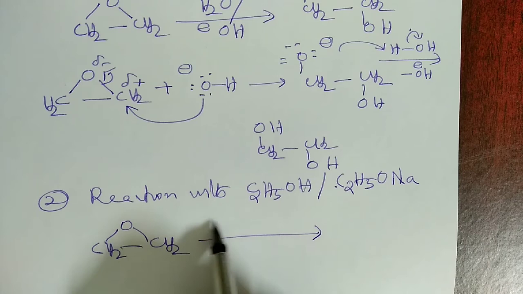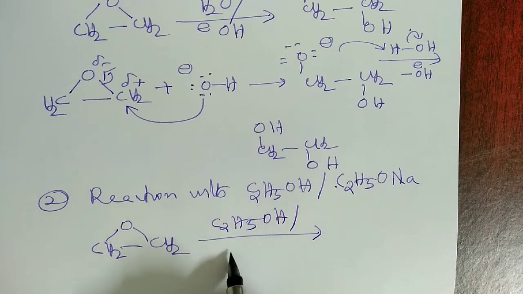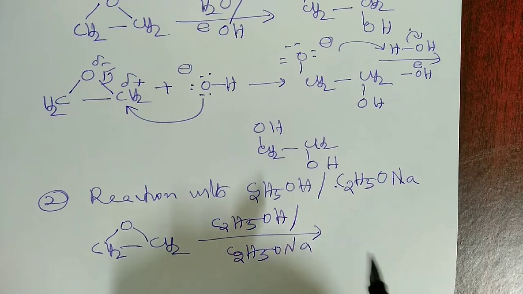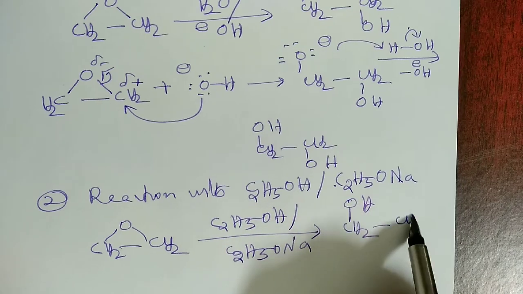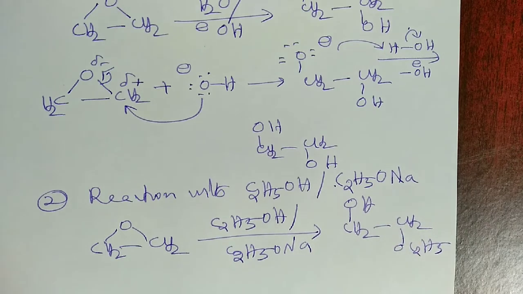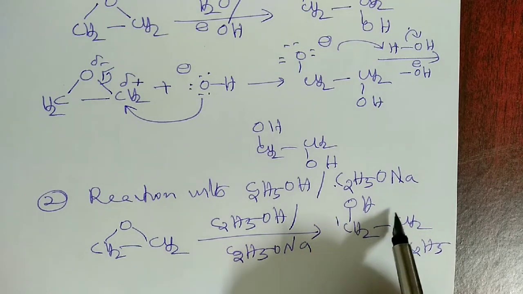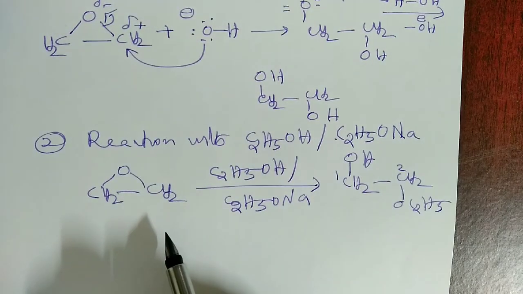Ethylene epoxide reacts with ethanol in presence of sodium ethoxide and gives 2-ethoxyethanol. Mechanism is similar to the addition of water.